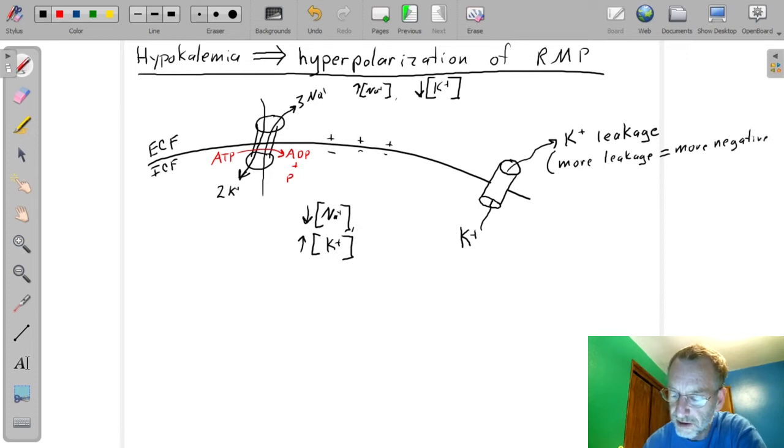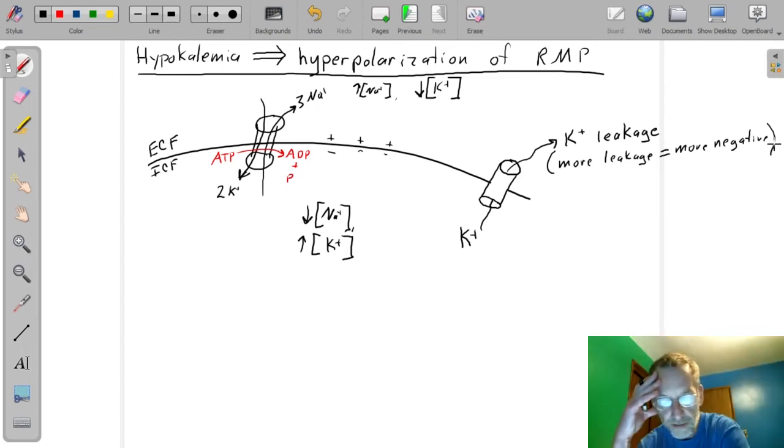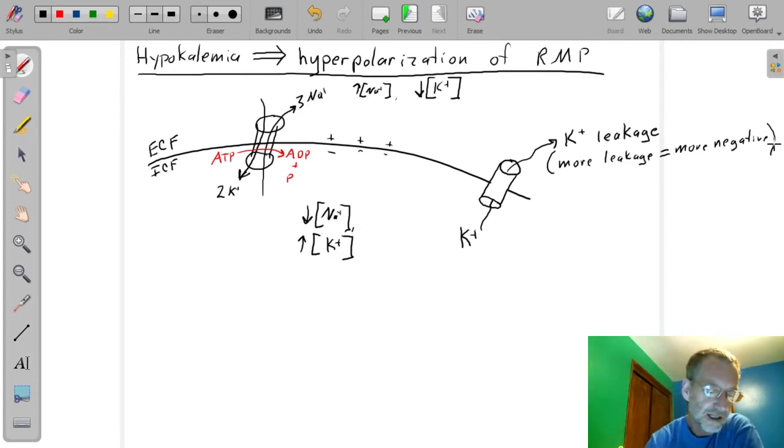I'm assuming that the camera is capturing everything past that line. Okay, so now you're remembering that the story is dependent upon the potassium diffusion gradient. And again, that's this part. Okay?